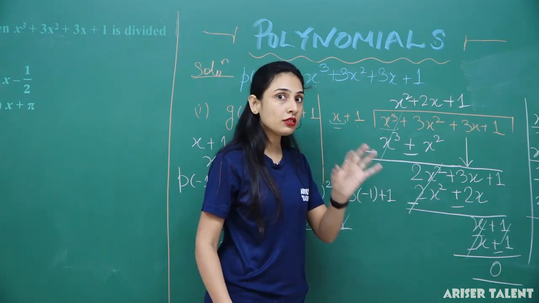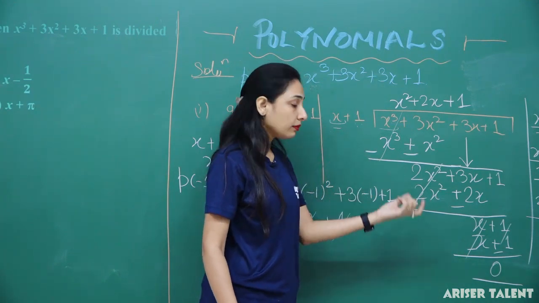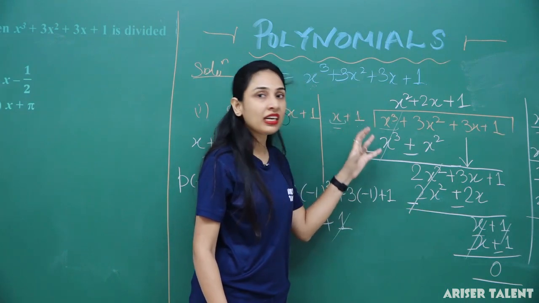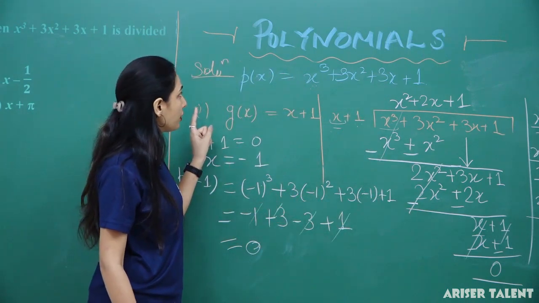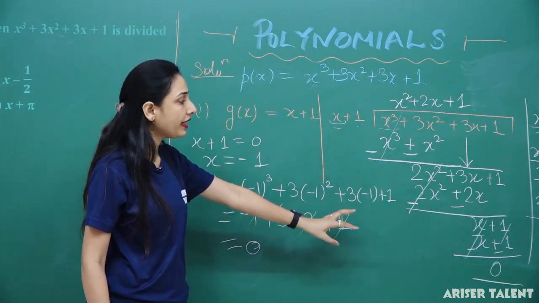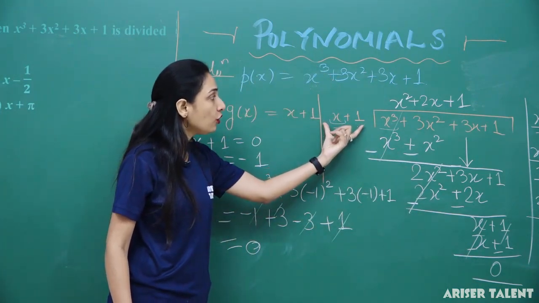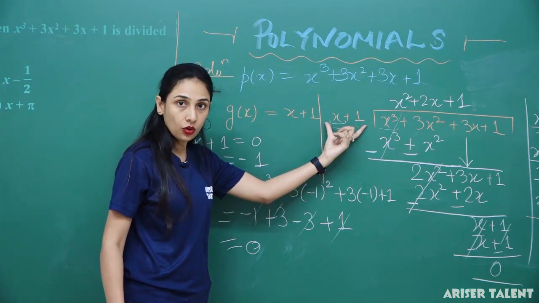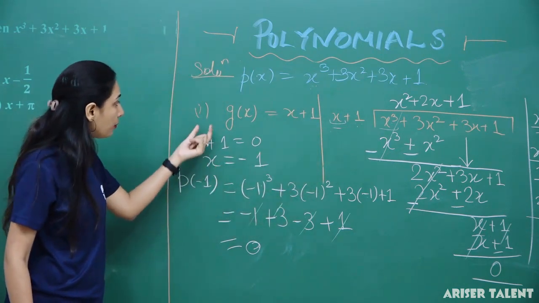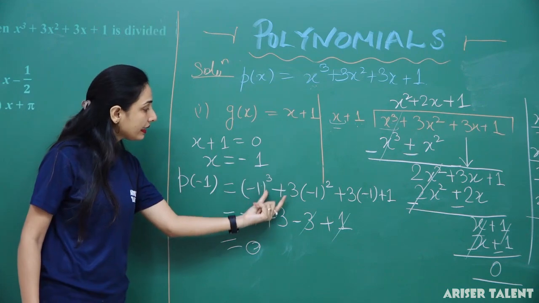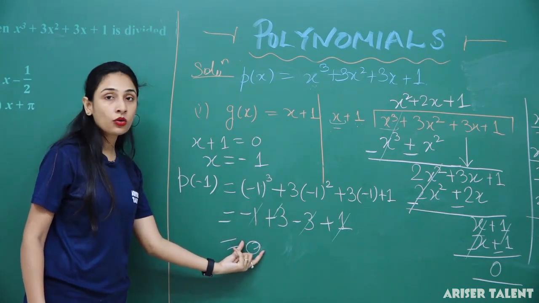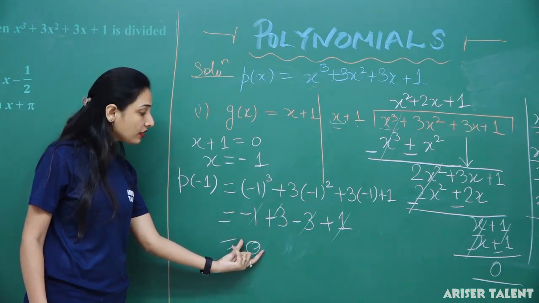I am just trying to make you see that there may be a connection. In the first question, when we solve this and find the remainder to be 0, and then we find the value of x from the one factor and put it in p(x), we get the value as the remainder only.